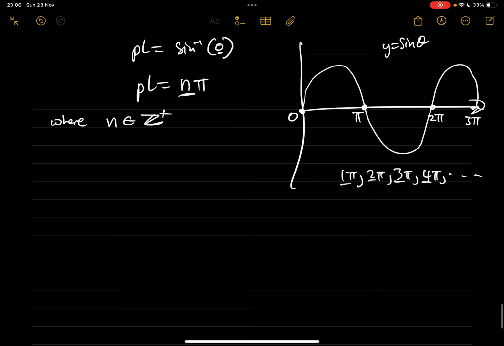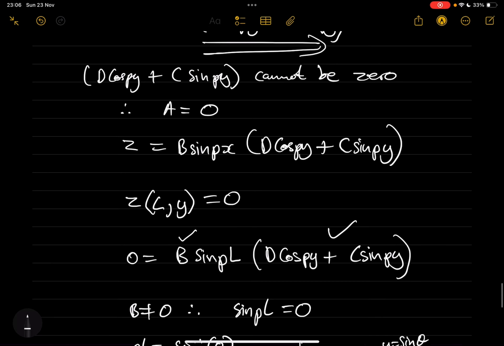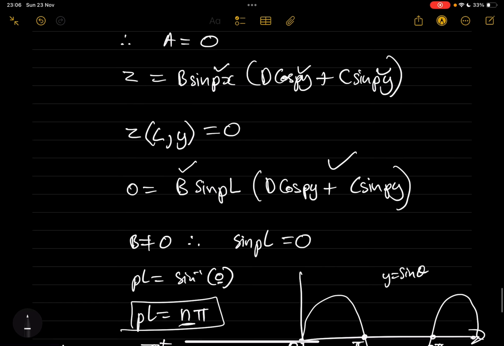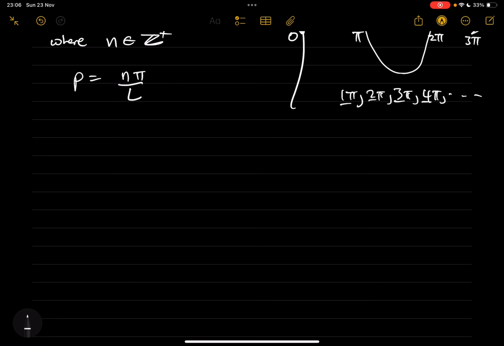So now from here we can make p the subject of the formula, which is n pi over l, and then we substitute here where there's p, we substitute n pi over l.